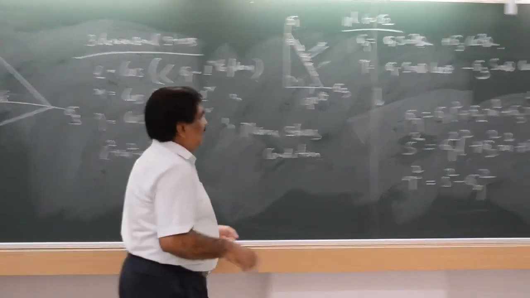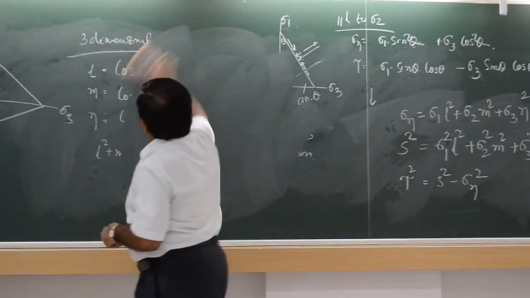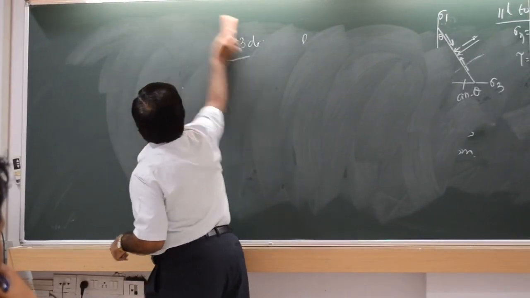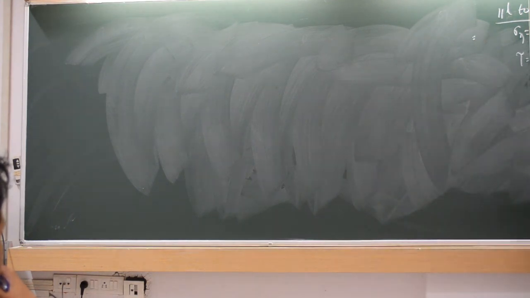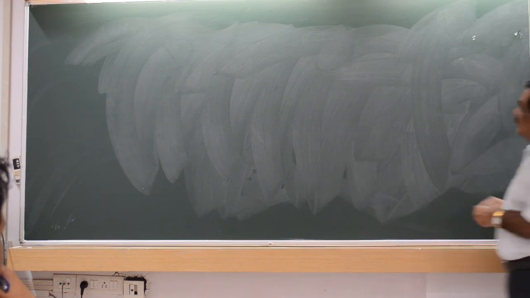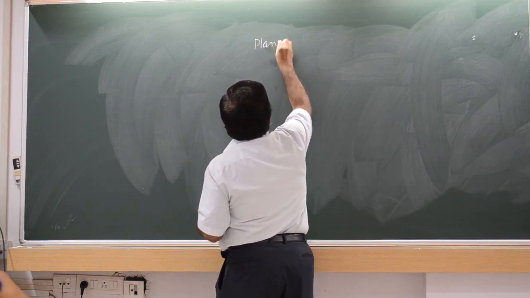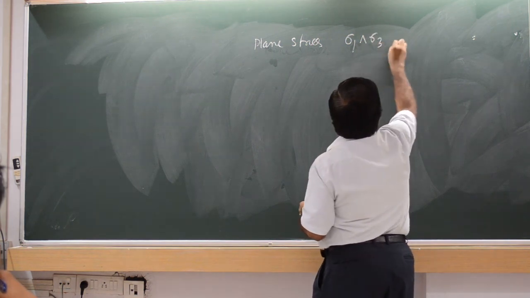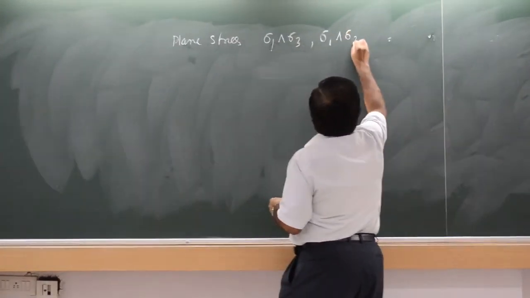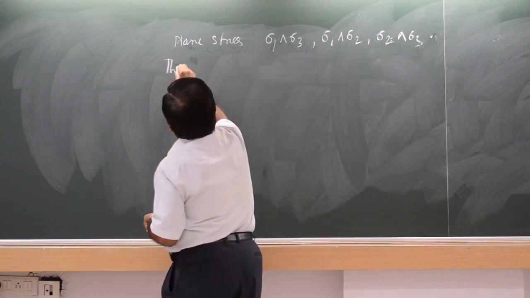Let me remove all these things. You can have a plane stress situation between sigma 1 and sigma 3, sigma 1 and sigma 2, sigma 2 and sigma 3, then you can have three-dimensional stress.